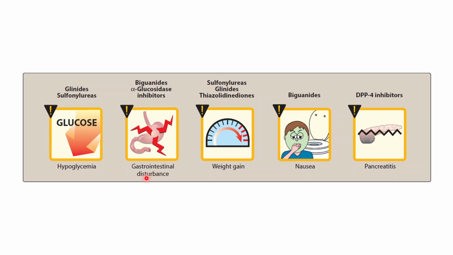And then GI disturbances are also common because they are taken orally, especially with the alpha-glucosidase inhibitors, because alpha-glucosidase inhibitors are not absorbed, and they inhibit the alpha-glucosidase in the intestine that metabolizes the polysaccharides to the monosaccharides, and that makes the absorption of the carbohydrates possible, usually in the form of glucose.